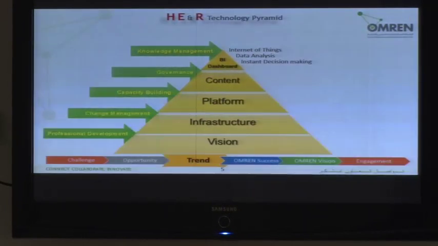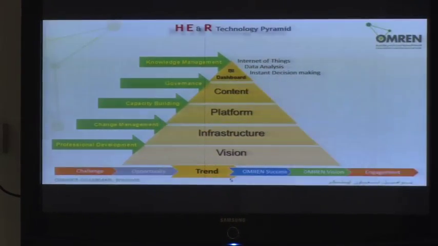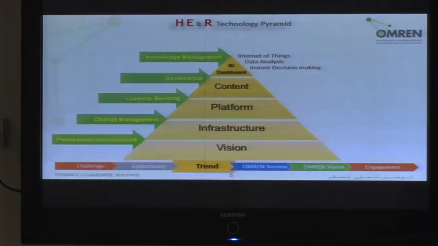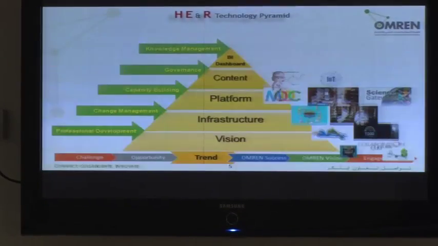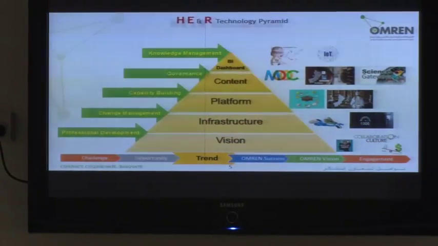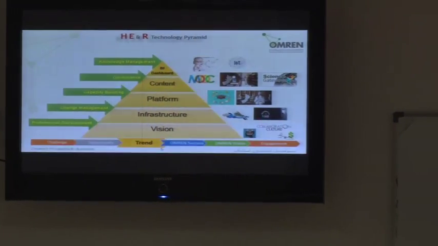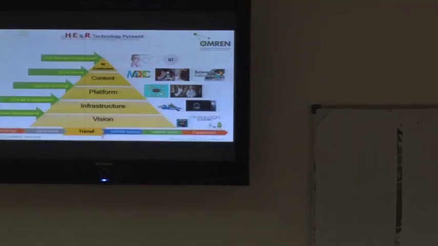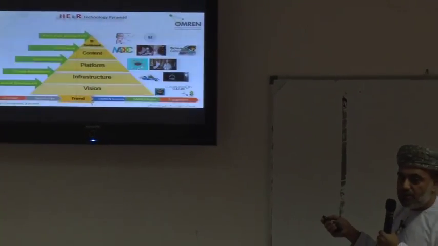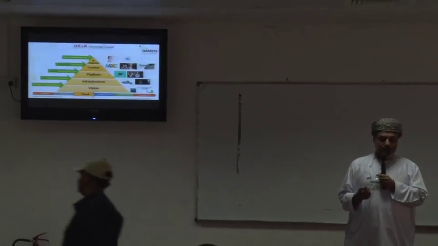And at the top of the pyramid, we need to manage the knowledge that is produced through business intelligence tools, dashboards, Internet of Things, and so on. We hope that it will cover all these issues. As I said, for just one example, changing the collaboration, we need to have a vision that collaboration should be a culture. A vision that says change the cost to be a revenue generator rather than a cost by partnering with others.